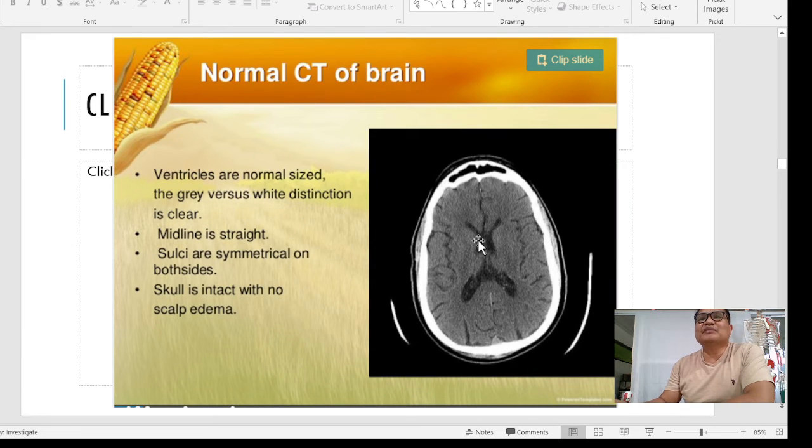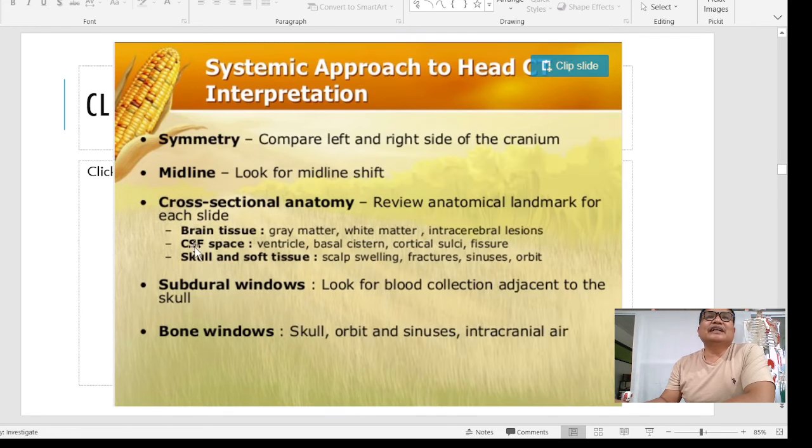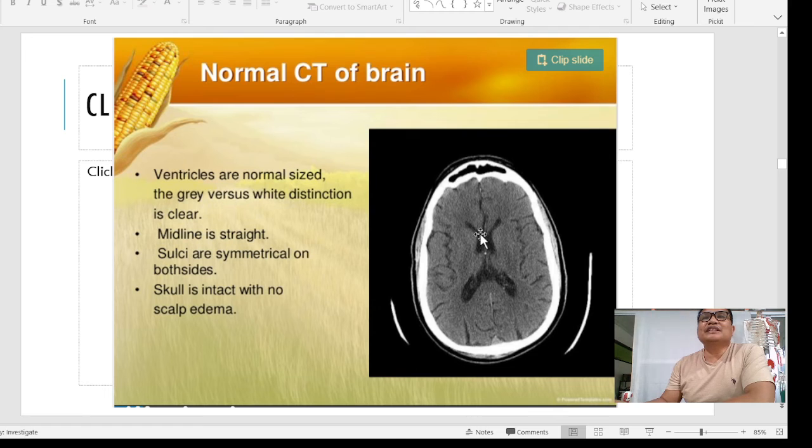Then cross-sectional anatomy review, anatomical landmark for each slide. Brain tissue, gray matter, white matter. These are what you look at. CSF space, where is the CSF space here? This is the ventricle, look for changes in the butterfly appearance. It changes, no?